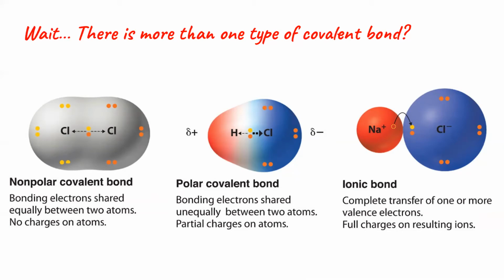In the middle example, you have a polar bond. You have hydrogen, which is slightly weaker than chlorine, which is slightly stronger, more electronegative. So you notice that the electrons are closer to the chlorine side than they are to the hydrogen side. And as a result, you get a partial negative, a partial buildup of electrons on the right side of this molecule as compared to the left.